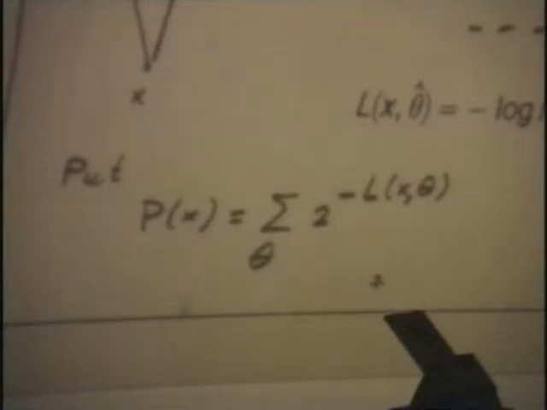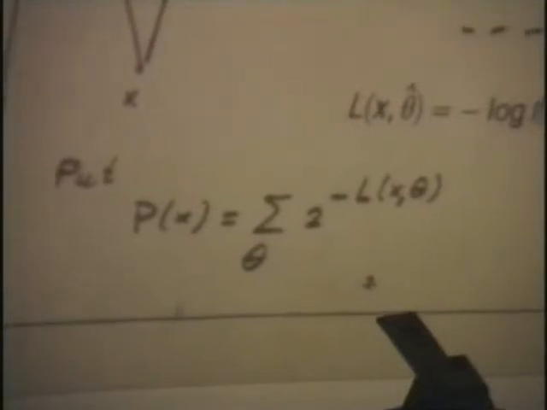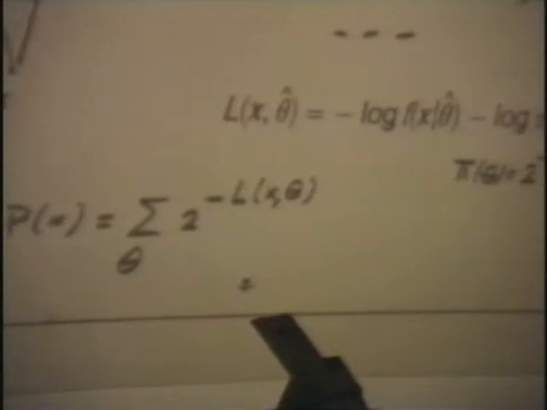And you see what happens: I'm getting a distribution on x alone, and its negative logarithm will be a code length for something that is non-redundant. But all this actually now leads into something quite familiar.